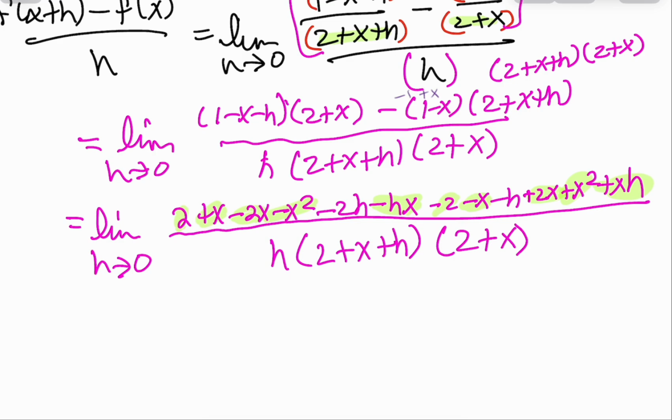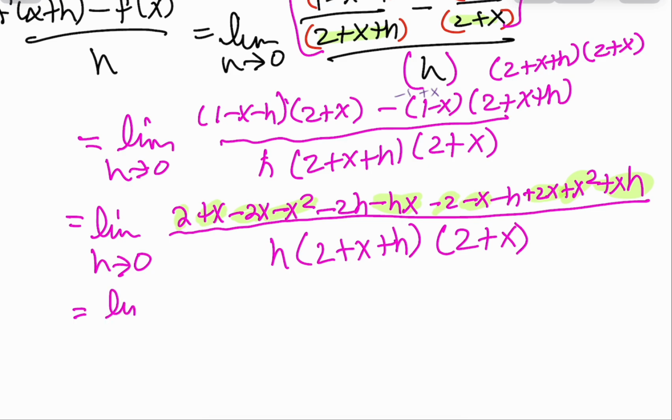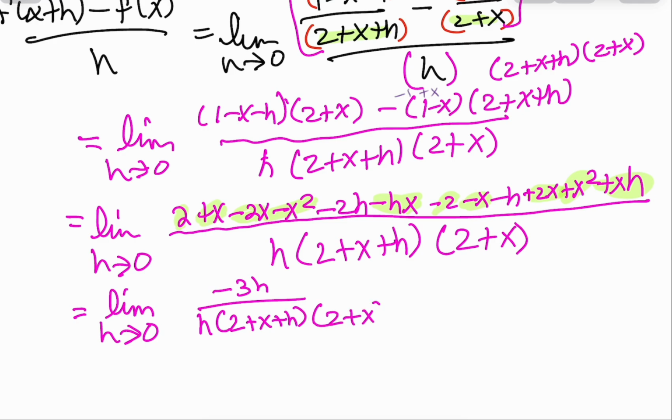They're the same, or opposites. Cancel them out. So the only thing left in our numerator is a negative 2h and a negative 1h, which is negative 3h. Guess what? I can cancel out the h's, and that's what I wanted to be able to do.